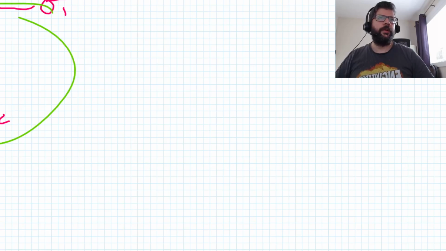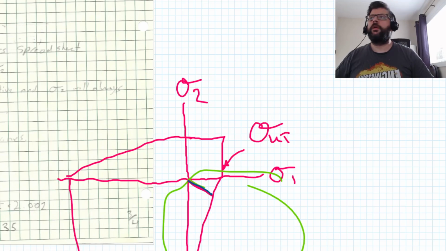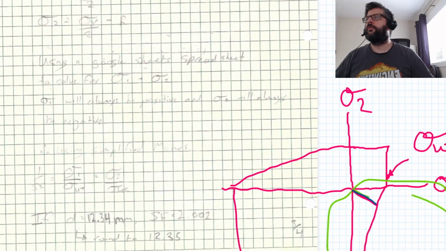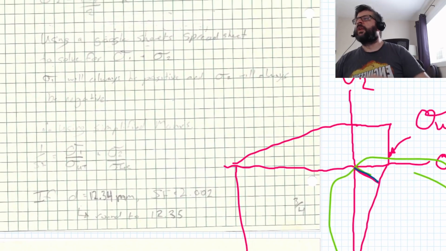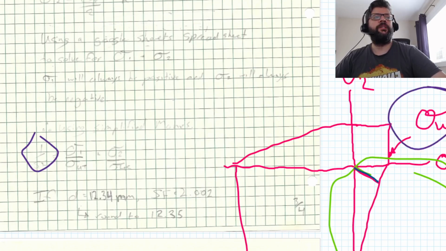Okay, so let's zoom back out here. All right, so again, the way the geometry of that works out is that 1 over our safety factor is equal to the sigma 1 value divided by the sigma ut plus the sigma 2 value over the sigma uc.